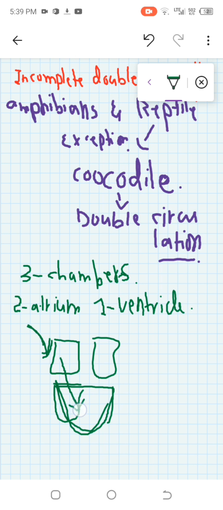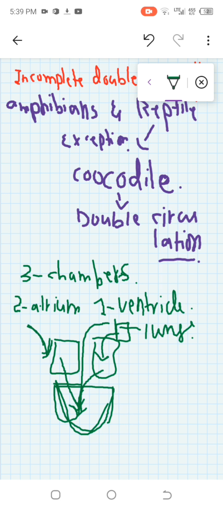From the ventricle, this deoxygenated blood moves to the lungs. From the lungs, the oxygenated blood comes into the left atrium and goes again into the same ventricle, because they contain only one ventricle.